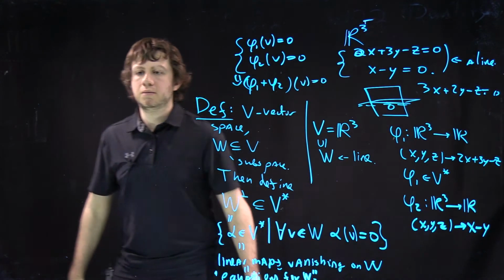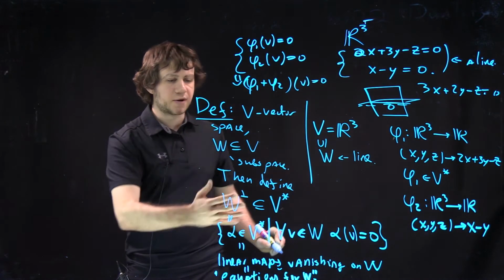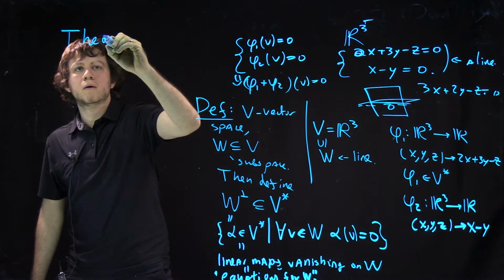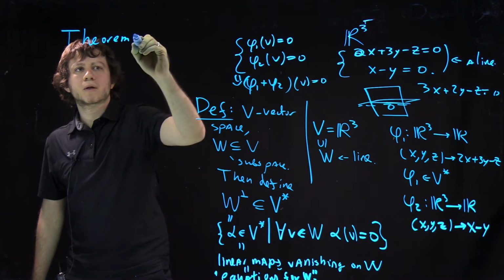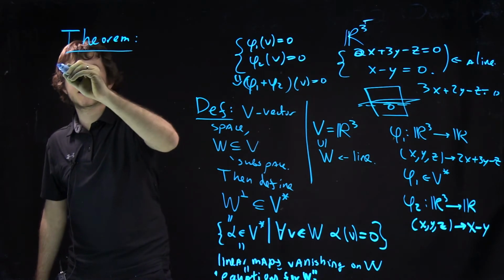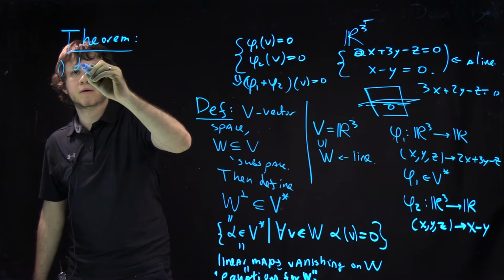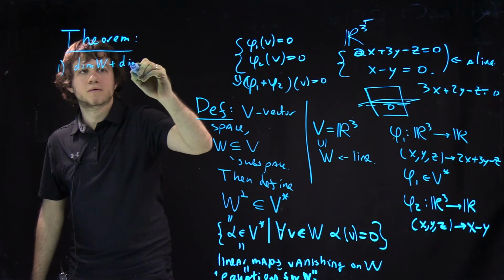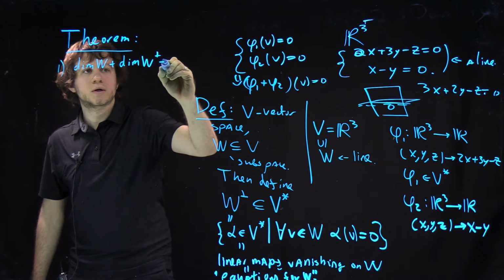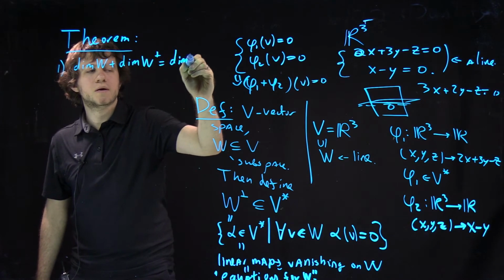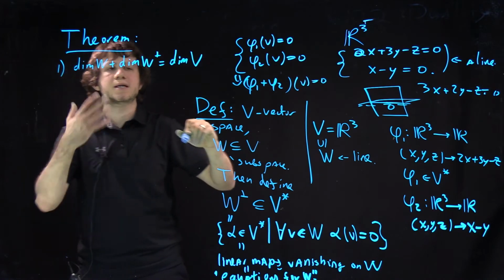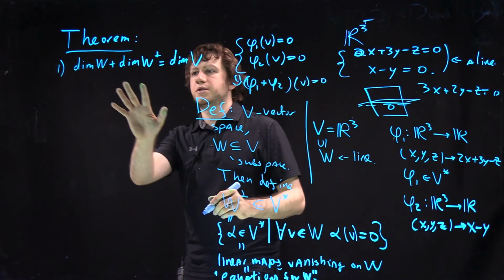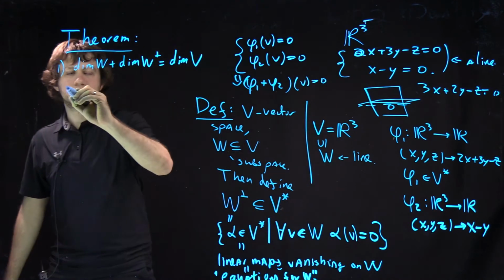So then let me formulate a main theorem about that. Theorem. The first statement is that dimension of W plus dimension of W perp equal to dimension of V. Of course, it is some form of rank nullity theorem, so nothing else, but still that's very important.